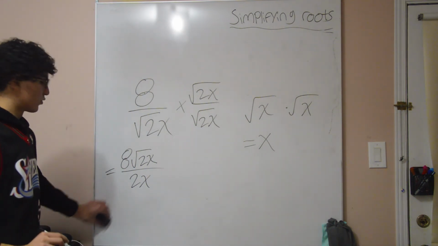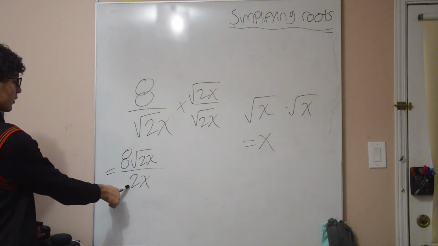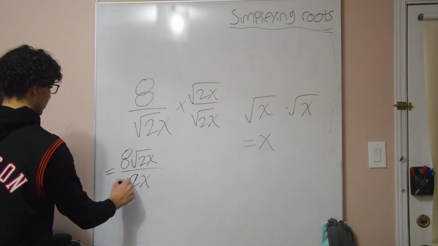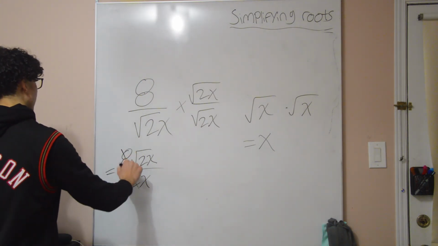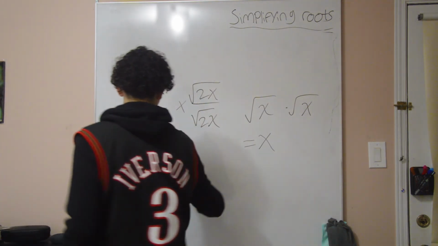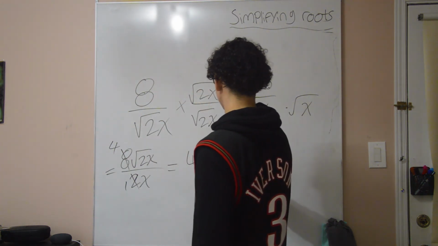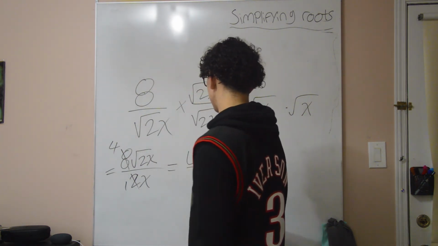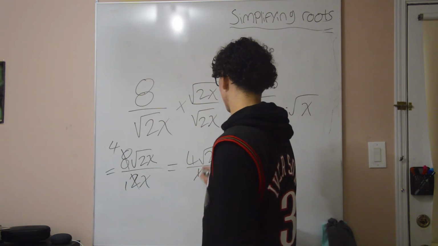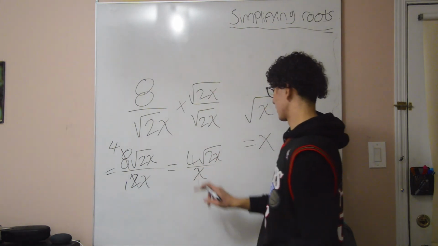Now, don't forget to simplify. Here we have a 2 and here we have an 8. This can be reduced. That can become 1, and this can become a 4 to give us a final answer of 4 times root 2x over x, just like that.